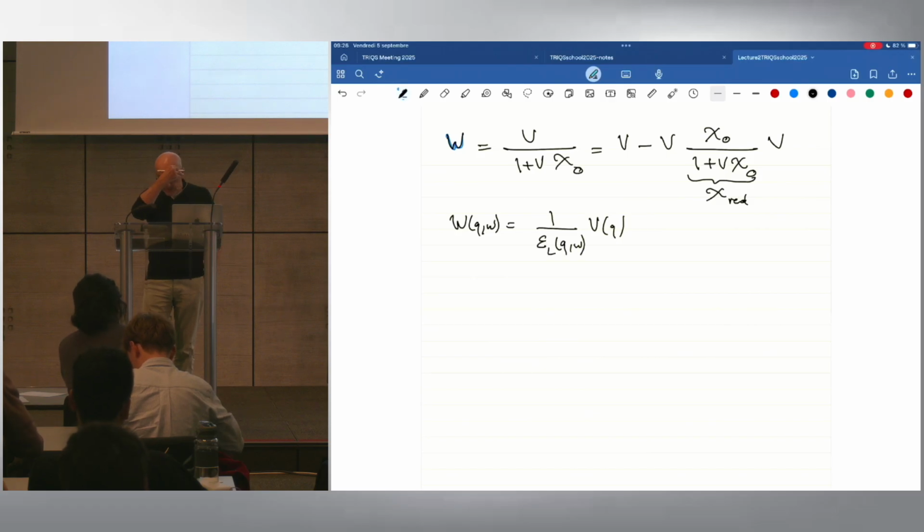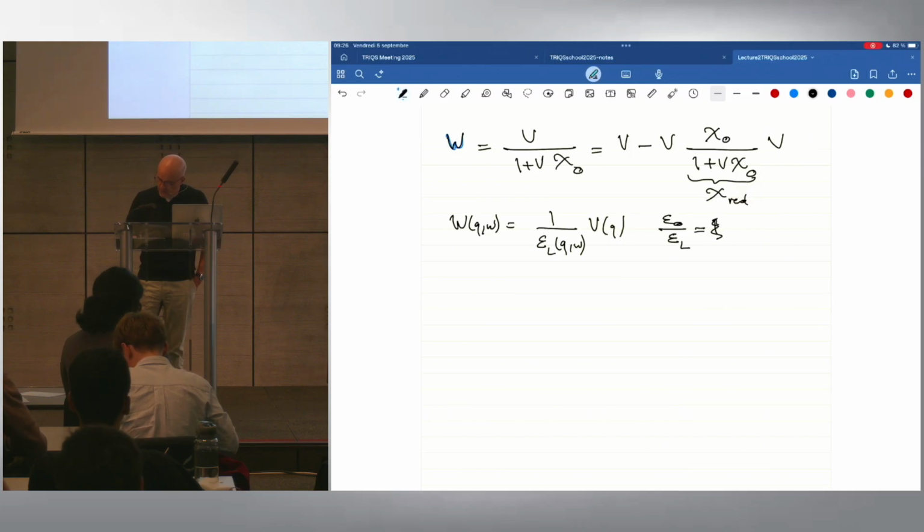And you see that the RPA formula is that epsilon naught over epsilon L, here I've restored epsilon naught because it makes for a slightly nicer equation, is 1 over 1 plus V chi naught.